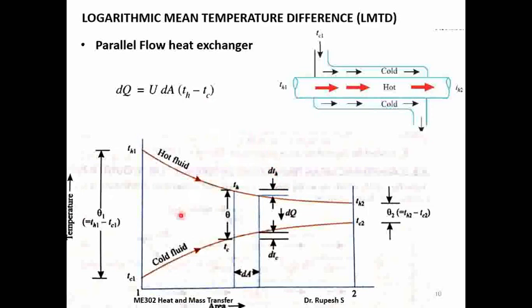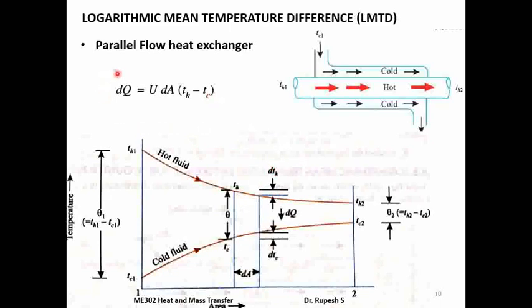So let us consider an elemental section of the heat exchanger with heat transfer area dA. Let TH and TC be the temperatures of the hot and cold fluid in that element respectively.